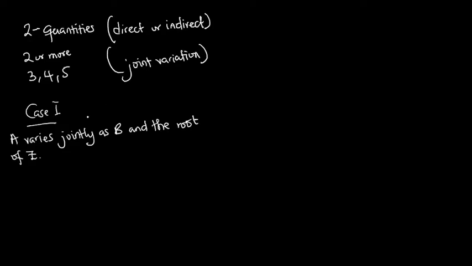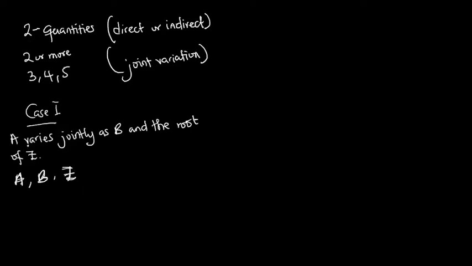Mathematically we can see that we have three quantities. We have quantity A, then we have quantity B, and then we have quantity what? Z. So the relationship exists between these three quantities.